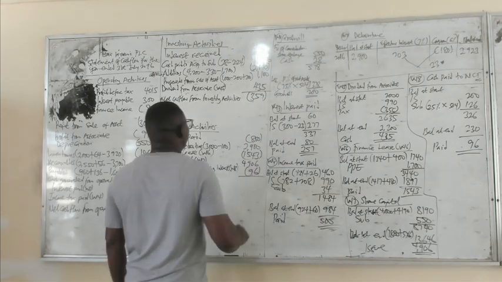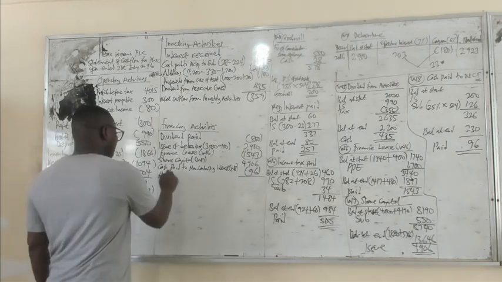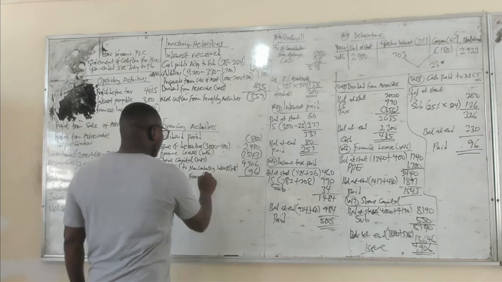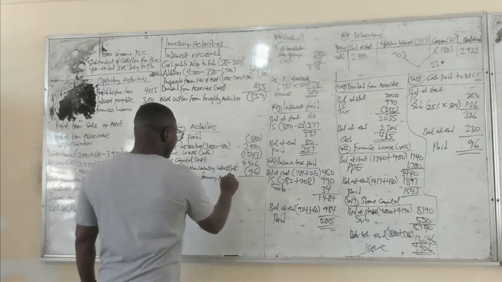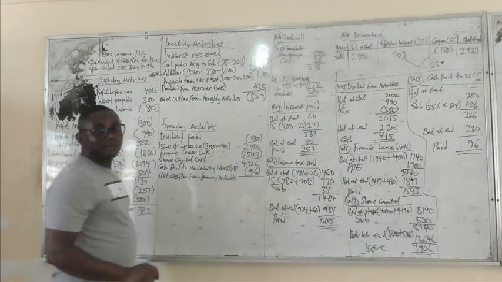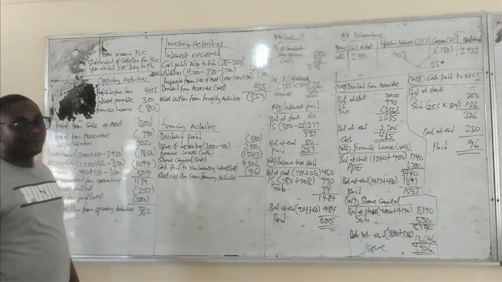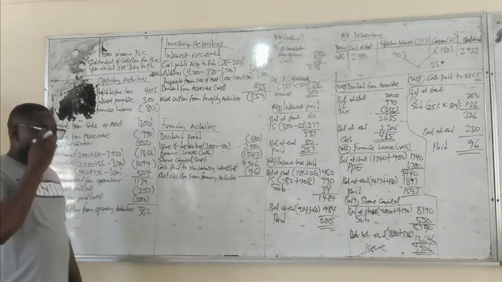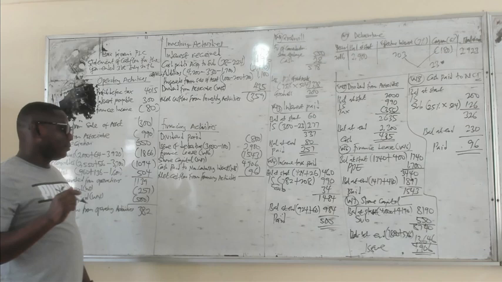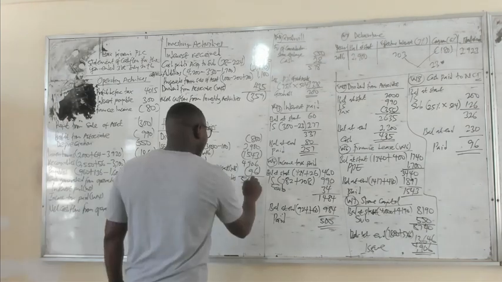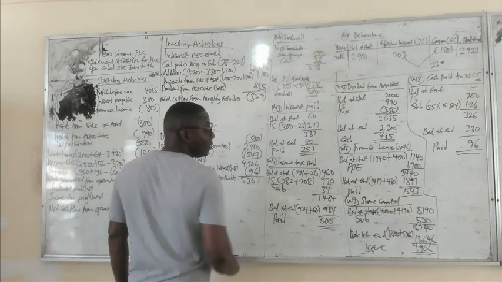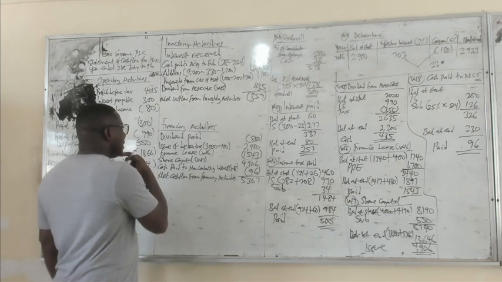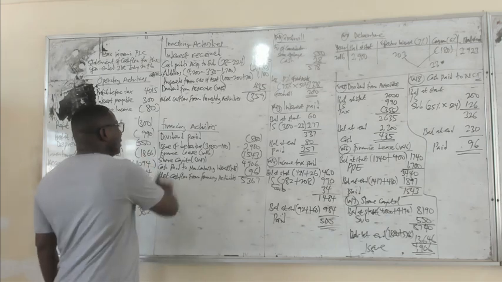Okay, so net cash flow from financing will be, now let's add the three figures together. 1, 2, 3 added together.